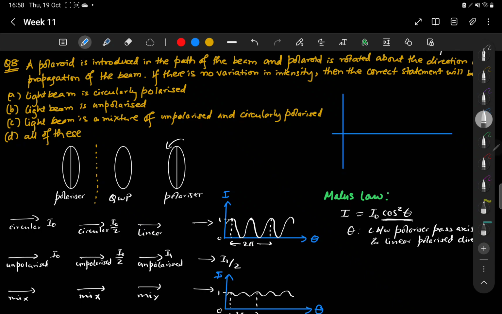So if this is my axis, cos theta would be like this, one period, and then successively starts the next period. Whereas cos squared theta would be something like this. So because it is cos squared theta, it will never go negative.